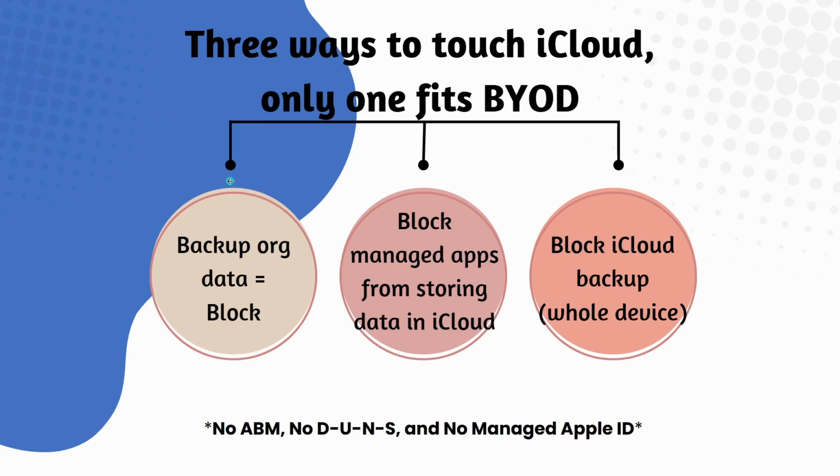It is called backup org data to iTunes and iCloud backups, and we'll set it to block. Please do note that this setting targets only the work data inside your managed apps. It works on a personal or BYOD phone as well, and it leaves everything personal completely untouched. Due to this nature, this makes the right setting for the thing that we wish to accomplish.